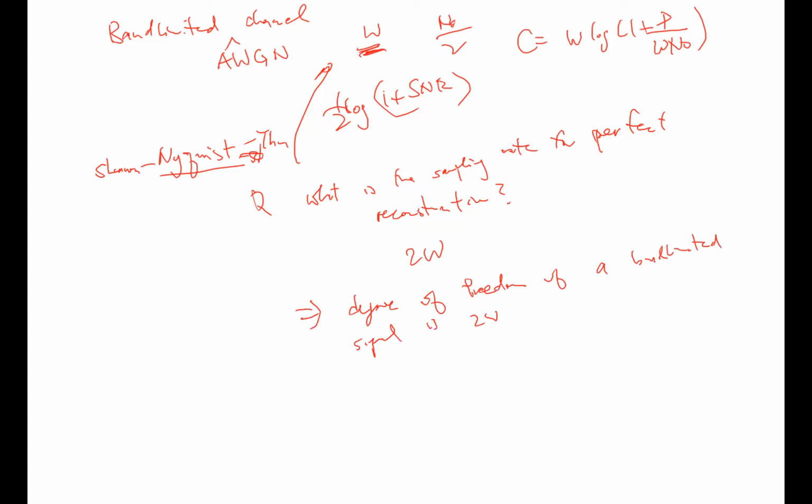You think of it like this: to get perfect reconstruction, you need 2W samples. Without 2W samples, you don't get perfect reconstruction.